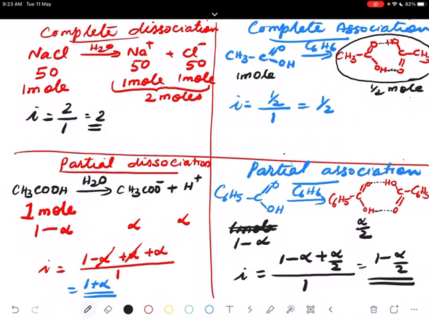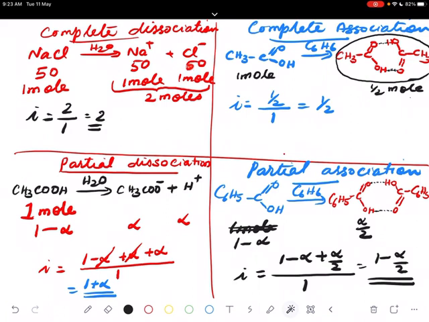Now come back to partial dissociation. In the case of partial dissociation, suppose here 2 are there, then the total number here will be 3, so 2 alpha plus alpha. According to the situation, you have to calculate. Suppose K2SO4 is put in water and undergoes complete dissociation.